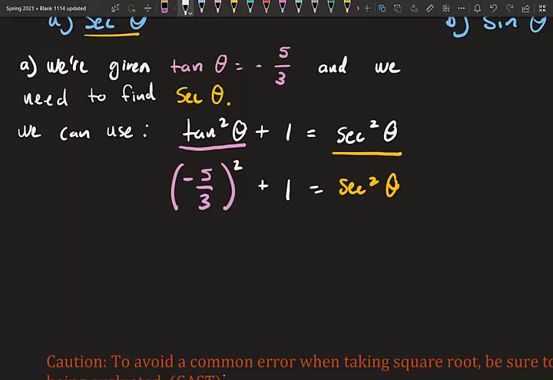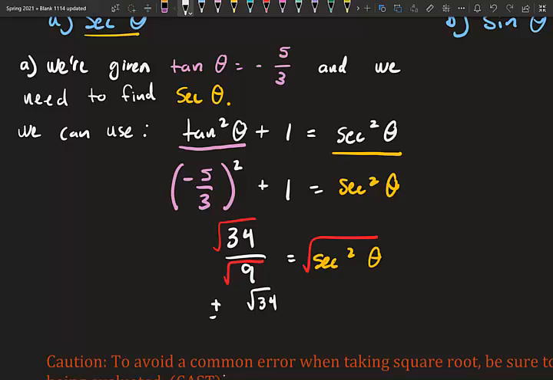So the left side, we get 34 over 9 equals secant squared theta. We only need 1 theta, so we need to take the square root. So it's positive or negative square root of 34 over 3 equals secant theta.